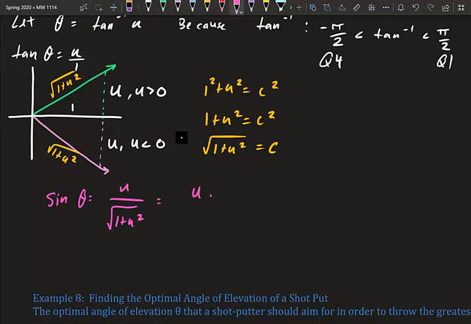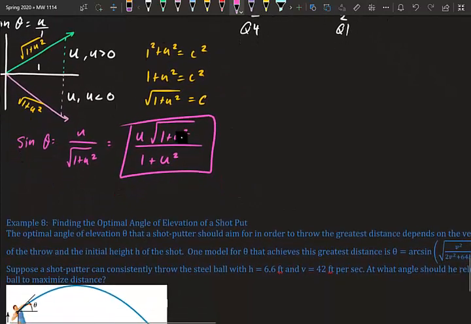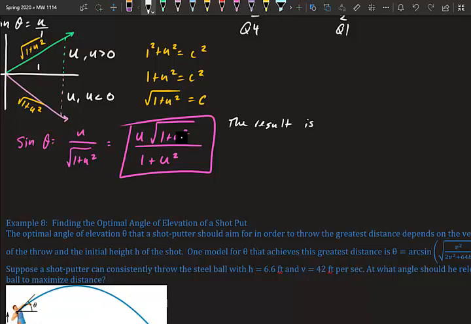So we have u times the square root of 1 plus u squared, all over 1 plus u squared. So the result is positive when u is positive. The result is negative when u is negative.